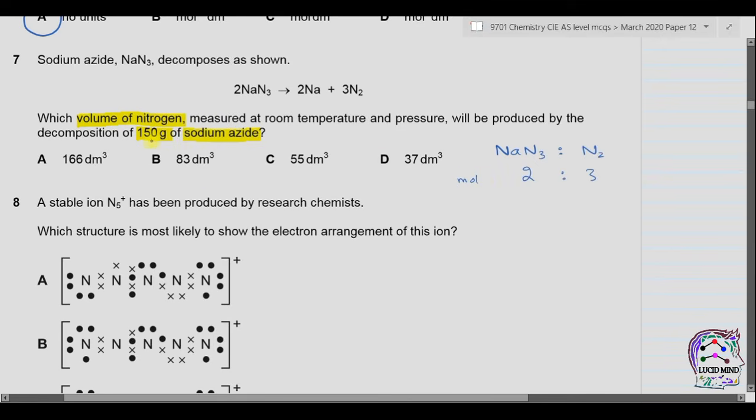Now they have given you the mass of sodium azide. So first we have to find the moles of sodium azide, as moles is equal to mass divided by molecular mass. So mass is 150 grams. Molecular mass of Na(N3) is 23 plus 3 into 14.